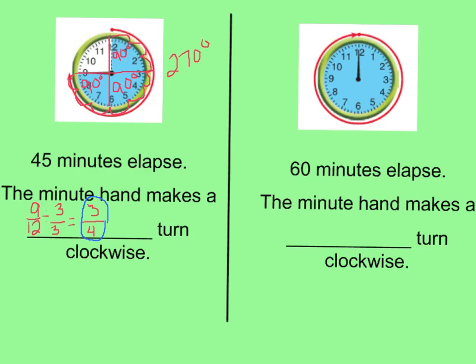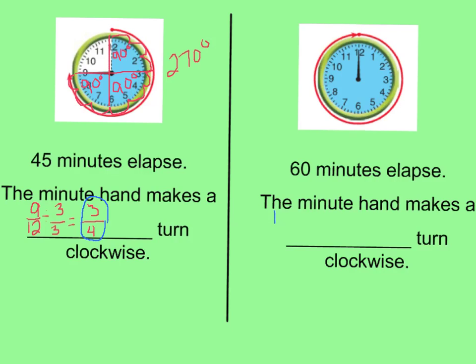Let's look at this clock over here. We have that 60 minutes has elapsed. So 60 minutes has passed. And I can see that the hands of my clock went in a clockwise direction. And I can see that all parts of my clock are shaded.